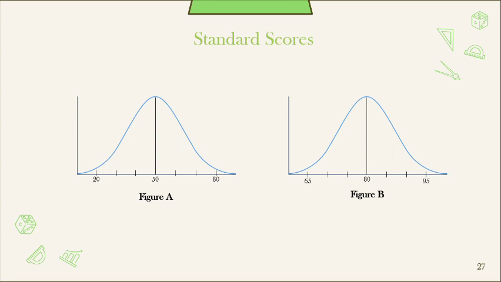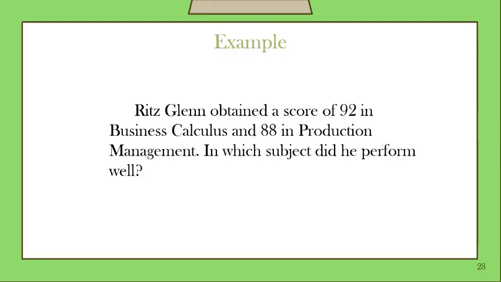So, hindi mo sila pwedeng ma-compare na mas mataas ba yung isa kaysa sa isa kasi from the start naman hindi sila same ng kinuha ng group. Magkaiba sila ng group.